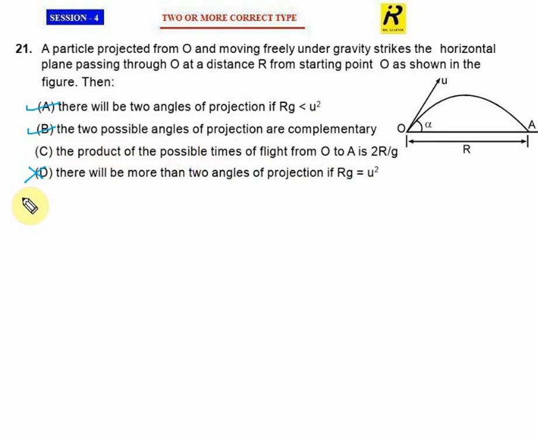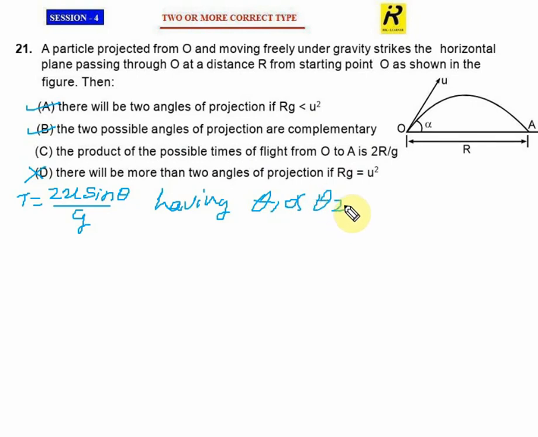For any projectile motion, the time of flight is written like this: 2u sine theta, where theta is the angle of projection, divided by g. For the given circumstance, we now have two angles, theta 1 and theta 2.